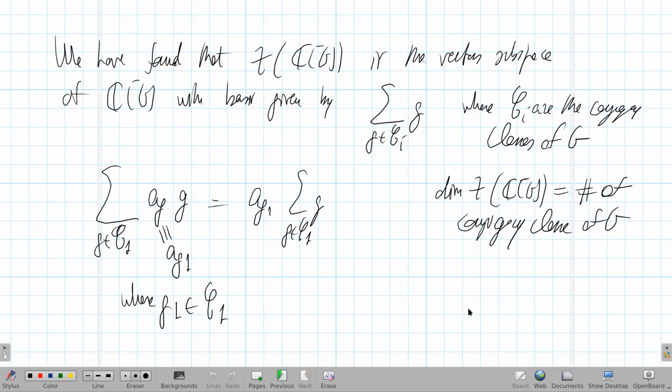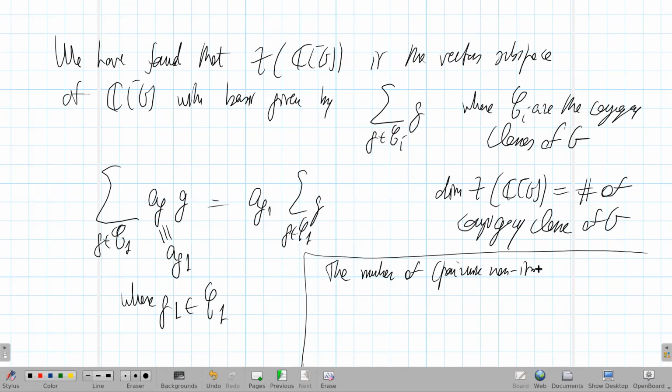Because of the isomorphism, I will repeat this at the beginning of tomorrow's lecture. We have found that the number of pairwise non-isomorphic irreducible representations of G equals the number of the conjugacy classes of G.